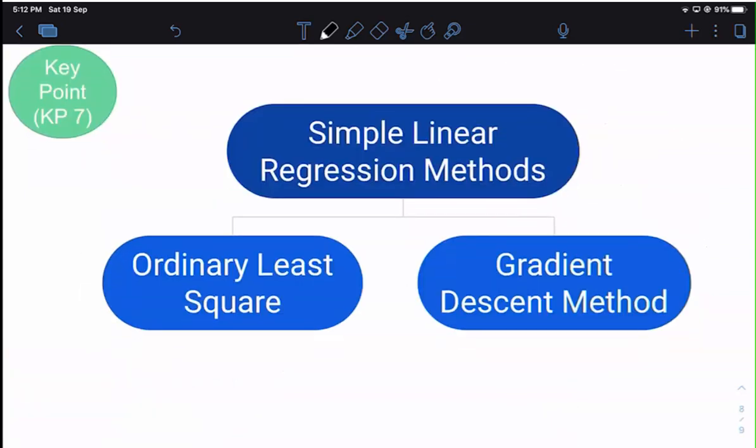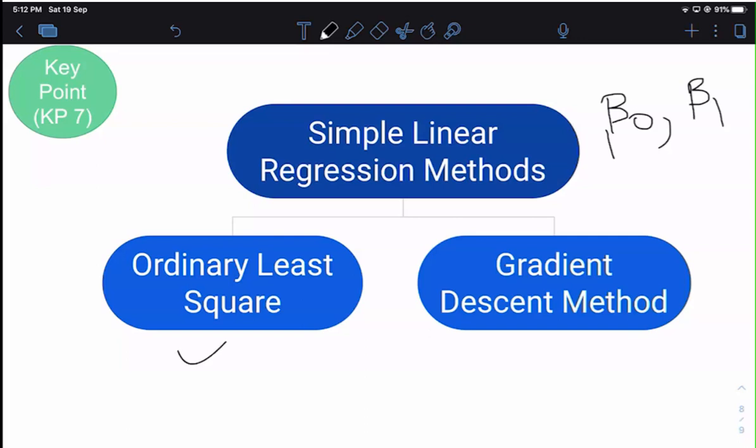The seventh and the last important point that we must remember is that the objective of the simple linear regression method is to estimate the values of the parameters beta 0 and beta 1. In order to estimate the values of beta 0 and beta 1, simple linear regression uses two different kinds of algorithm.